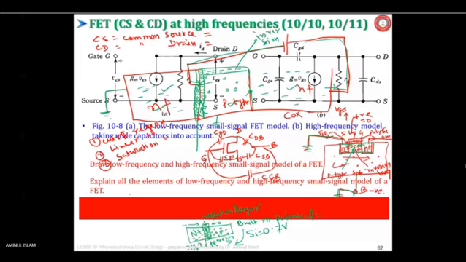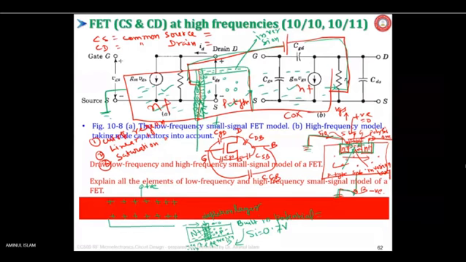Suppose this is your gate material. You have connected the gate and applied a positive voltage, so a lot of positive charge is deposited here.